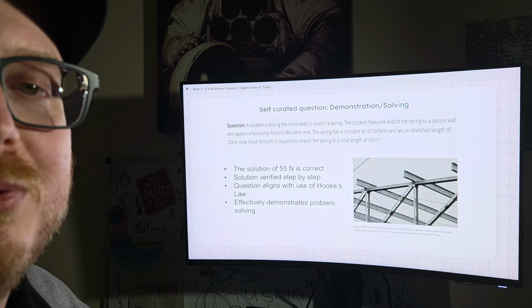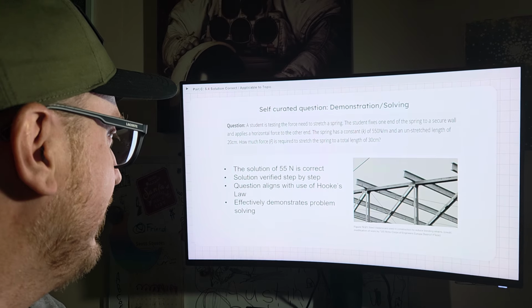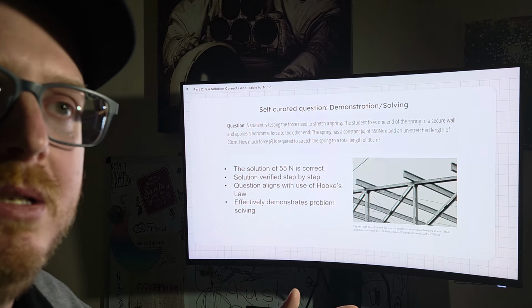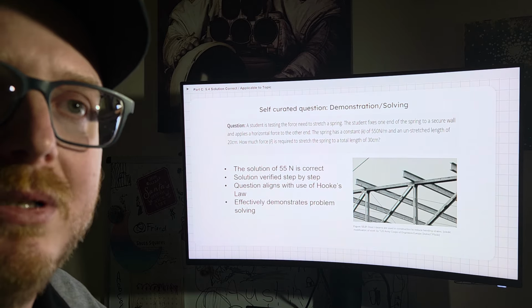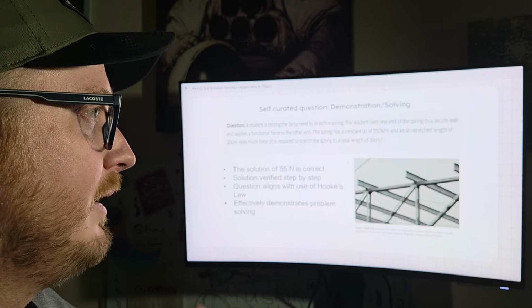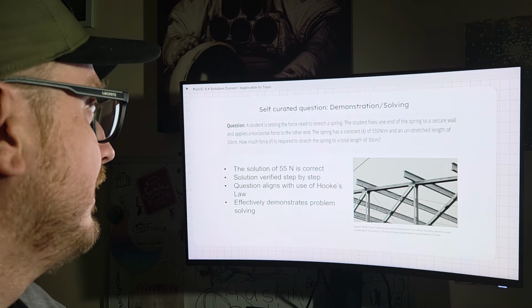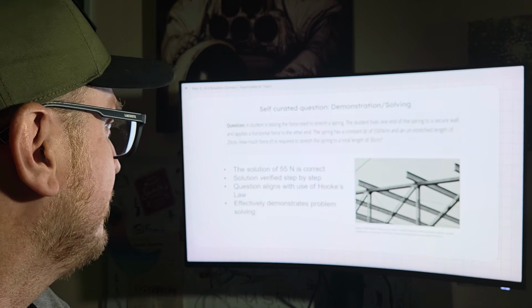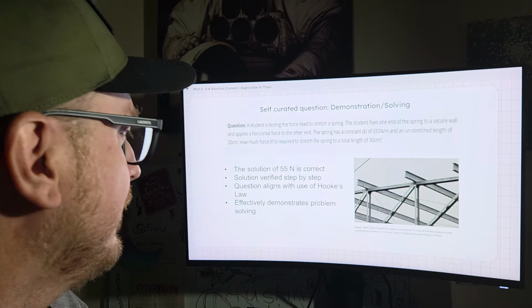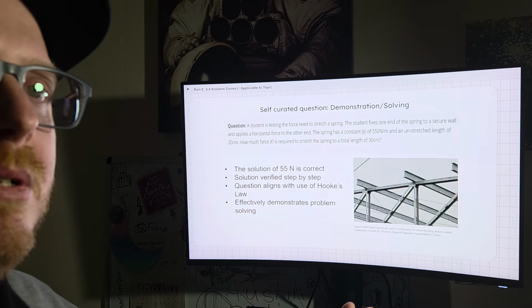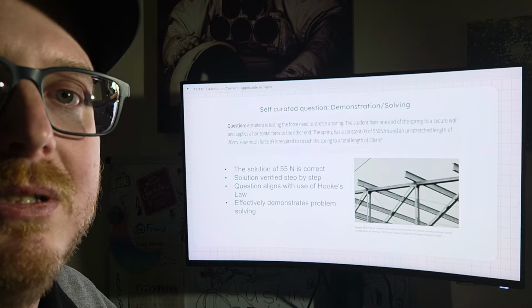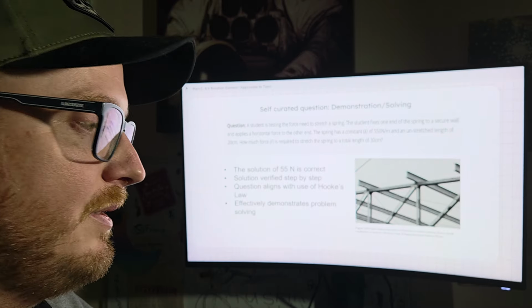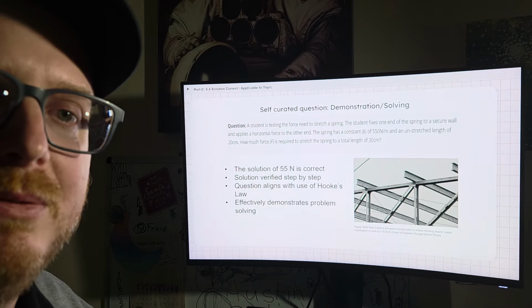Like I said, the solution was verified step by step, so we went through that. And the question is in direct correlation with Hooke's law and how the spring constant works, how you find your force using displacement and setting it up. So the problem overall effectively demonstrates the use of Hooke's law, which is basically the elastic limit.